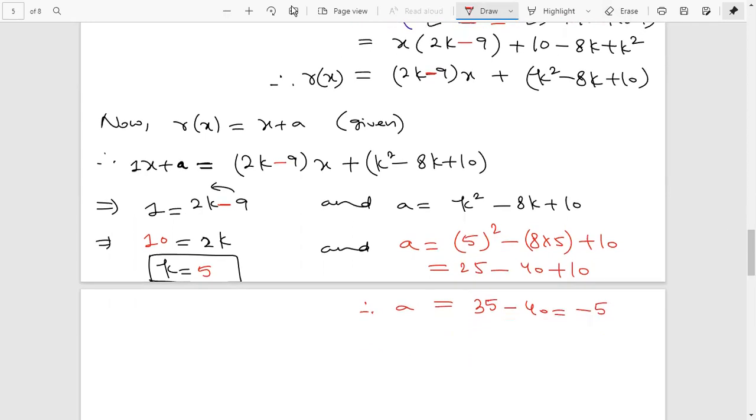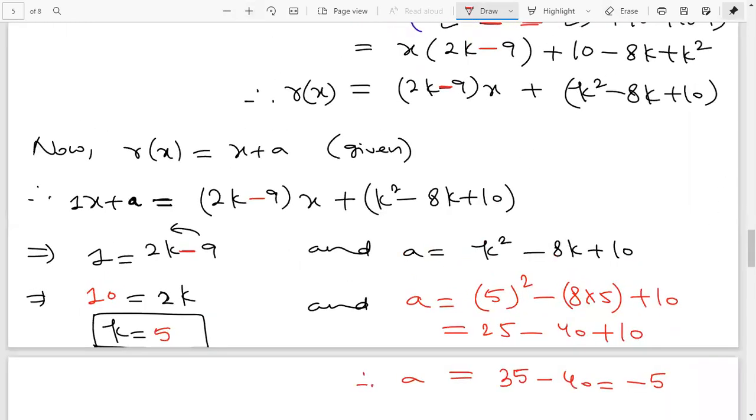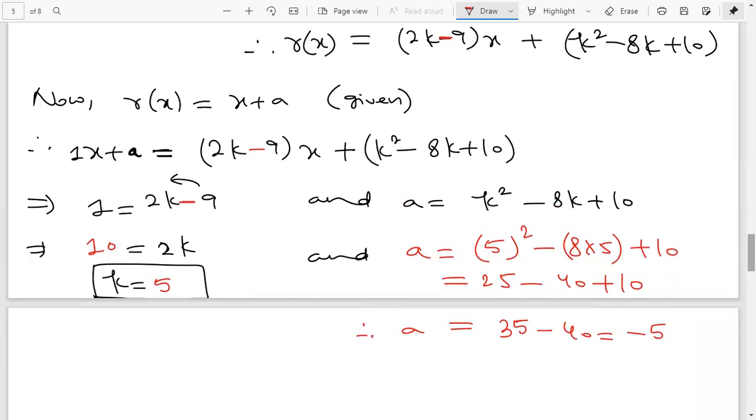So both the values we got finally, because the k value we got by equating the remainder that is given with the one we got by dividing the dividend with the divisor. So 2k minus 9 is the x coefficient, and the x coefficient in the given remainder is 1. So 2k minus 9 is 1, so k will be equal to 5. And we can equate a to the constant value.